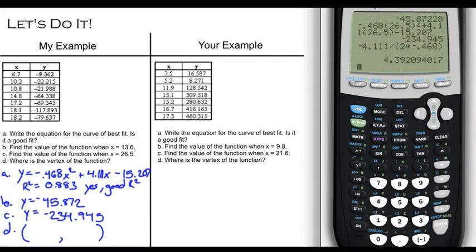And so when I do that, I can see that the x-coordinate for the vertex is going to be 4.392.